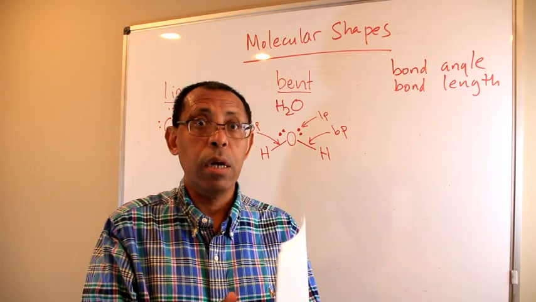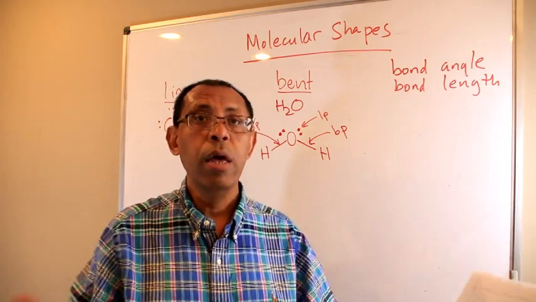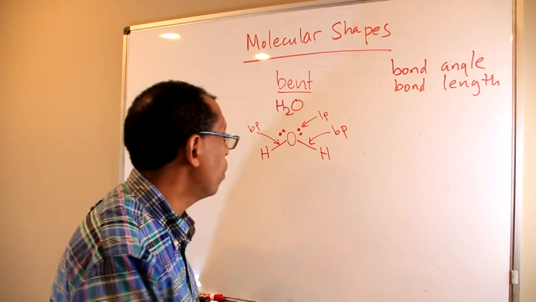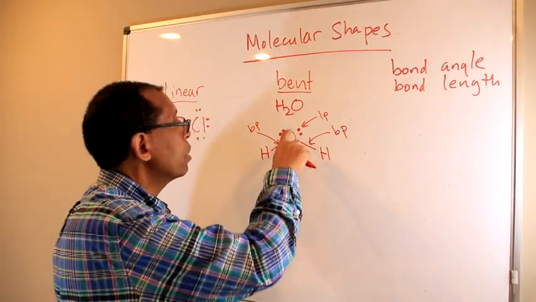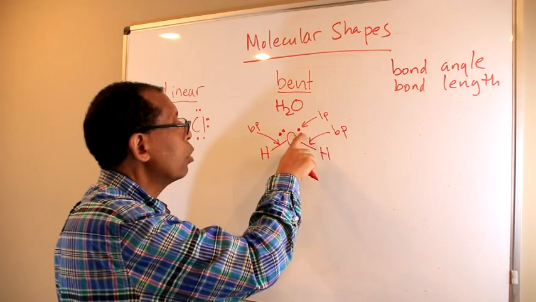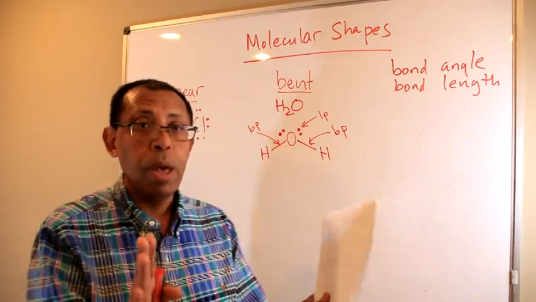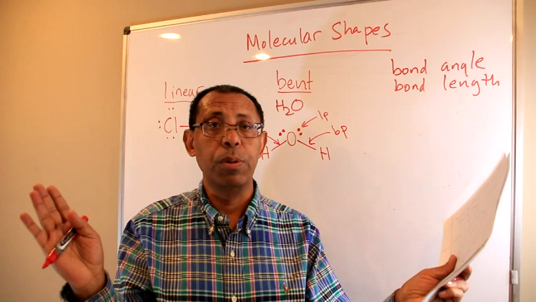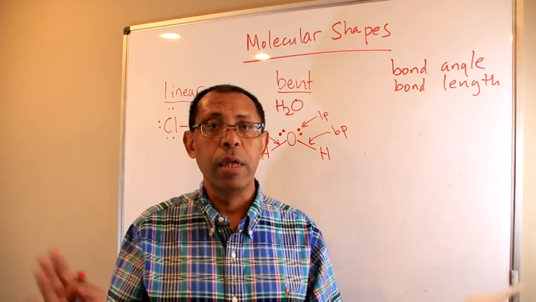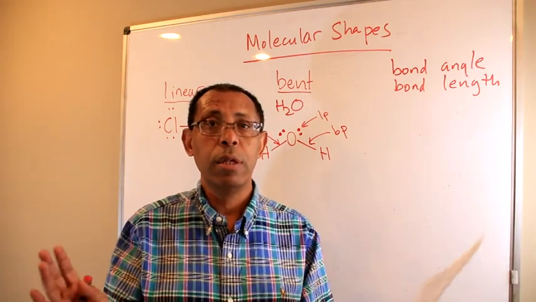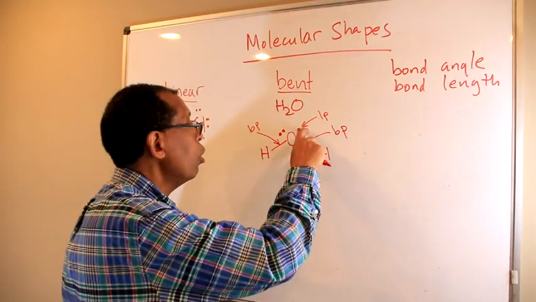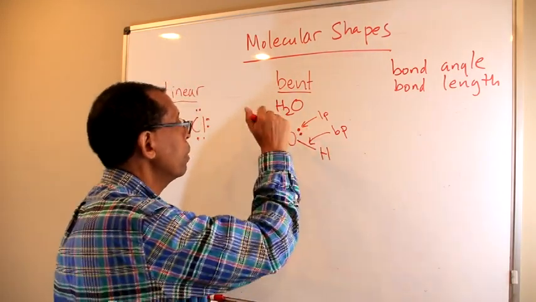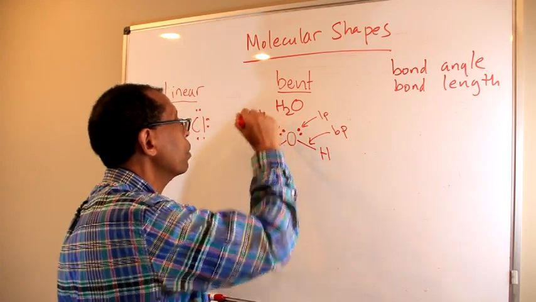The closer they are, the repulsion is high. So the shape is determined by how far is the optimum distance. For example, this lone pair and this lone pair should be as far apart as possible in the molecule, because the interaction between the two is always a repulsive interaction. So there is a lone pair interaction. This is another lone pair, of course.